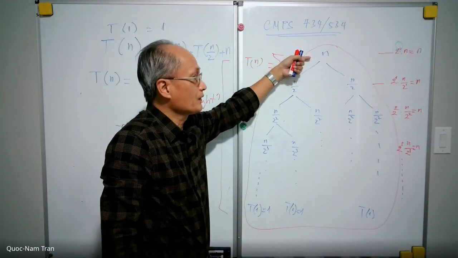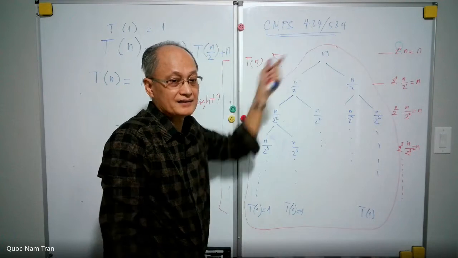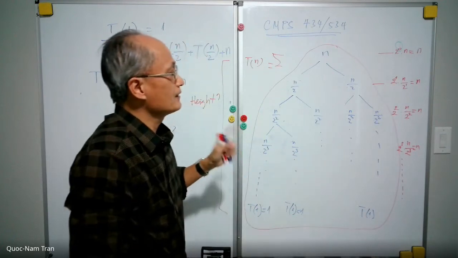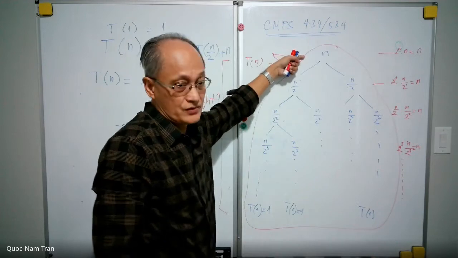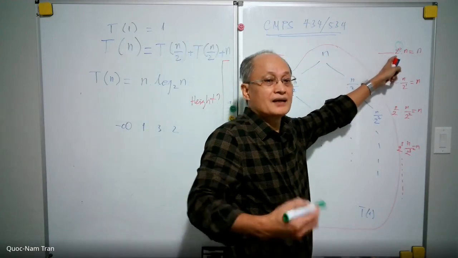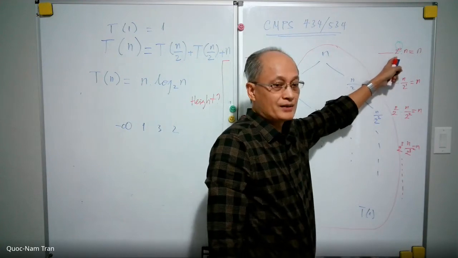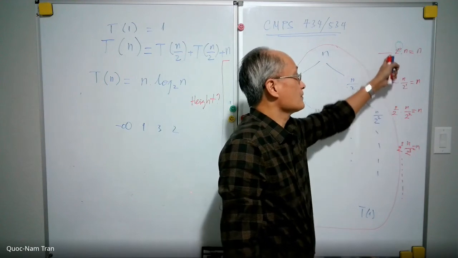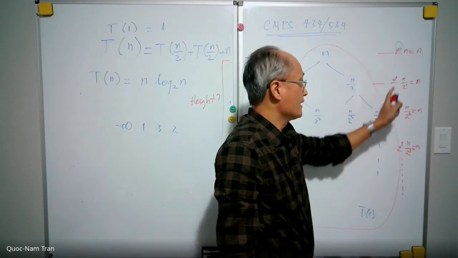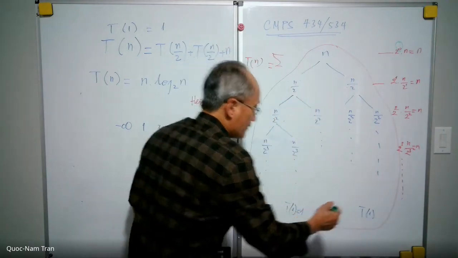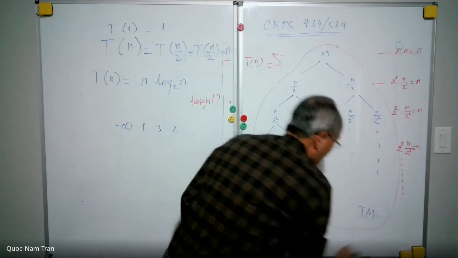Again, starting when we count with 0 or 1. But here, I say that this one is level 0 because I look at 2 power to the 0. It reminds me of something so I can remember. So this one is level 1, level 2, until what is the level of this one?